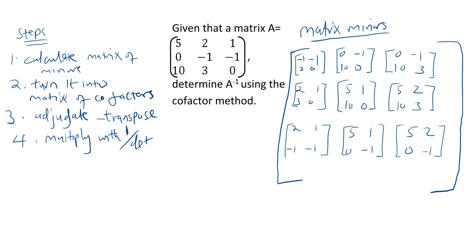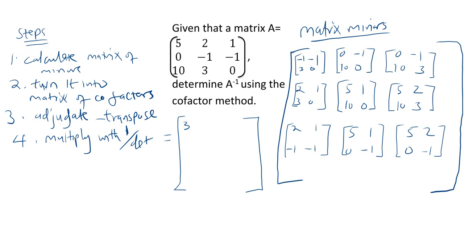So for the first matrix, we get 0 multiplied by negative 1 minus 3 times negative 1, and the determinant is 3.